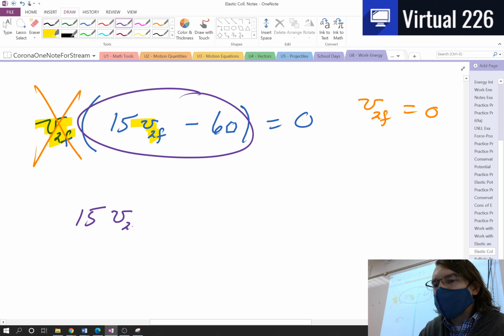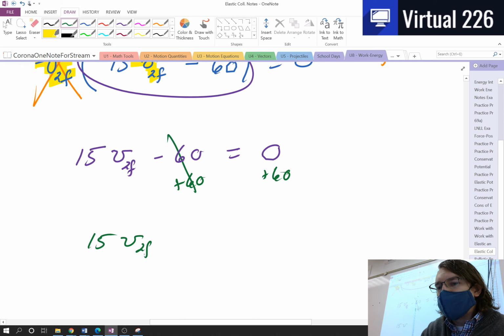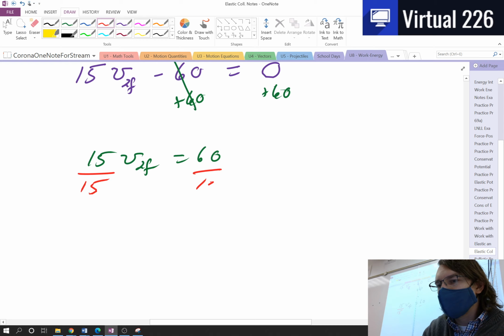The 15 V2F minus 60 equals 0. If we want to solve this, we'll add 60 to each side. We get 15 V2F equals 60. And now we just divide each side by 15 to find V2F.